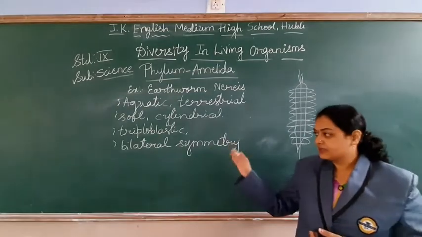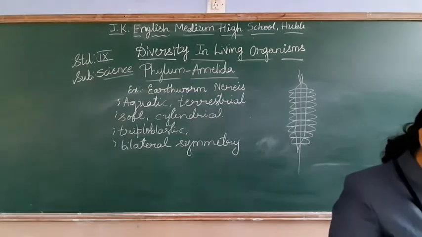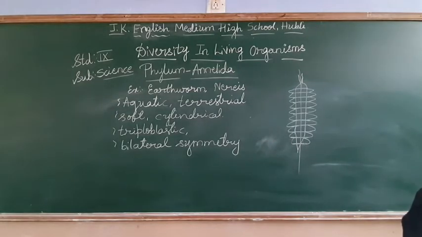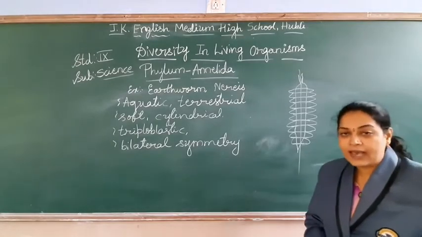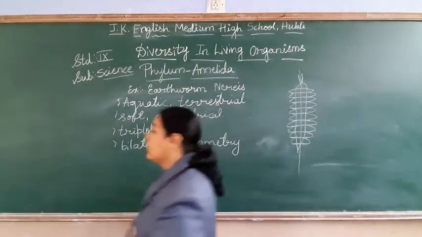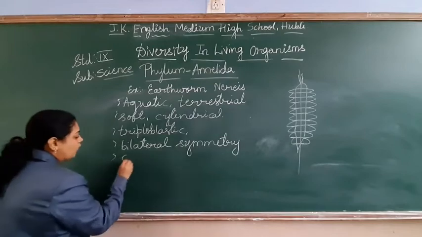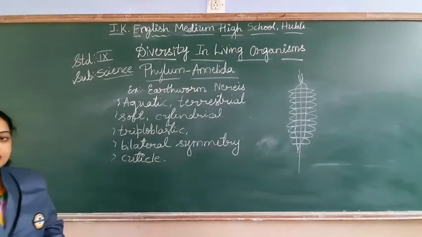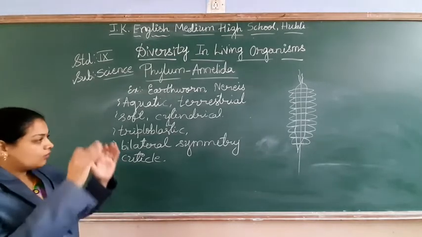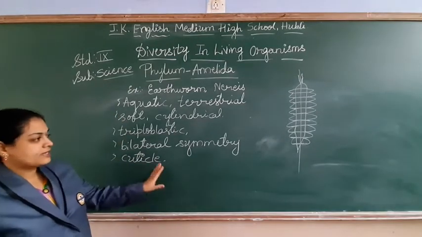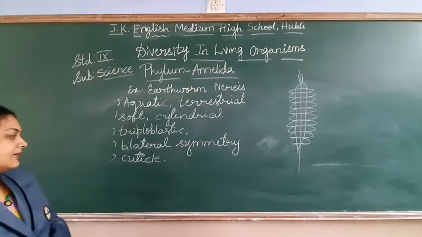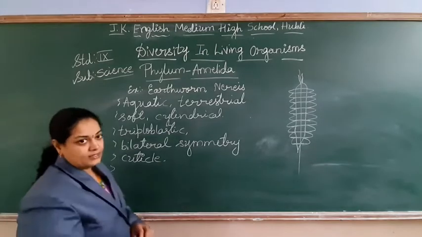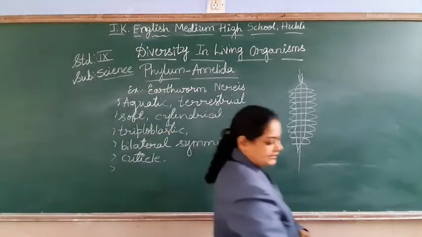That is the meaning of bilateral symmetry. The next one: exoskeleton is absent, but the whole body is covered with a layer called the cuticle. Okay?